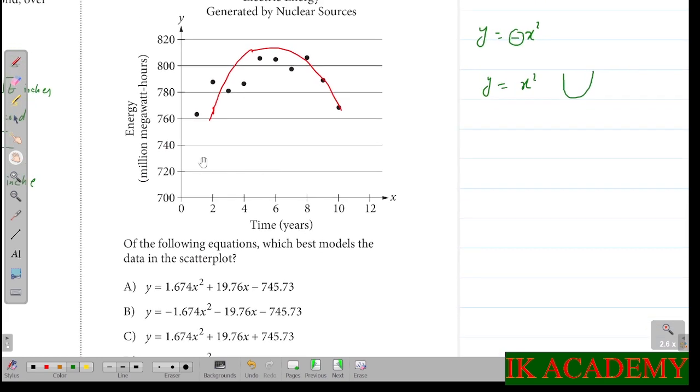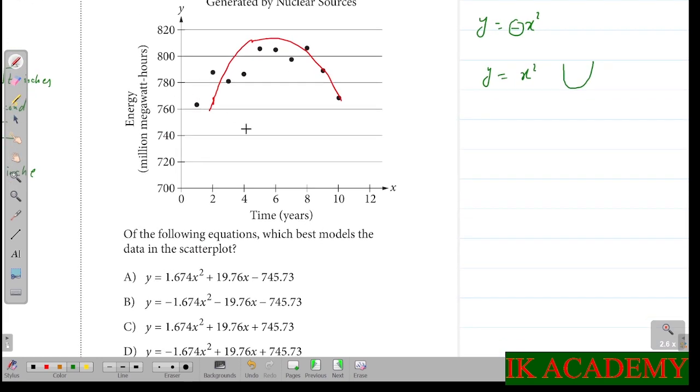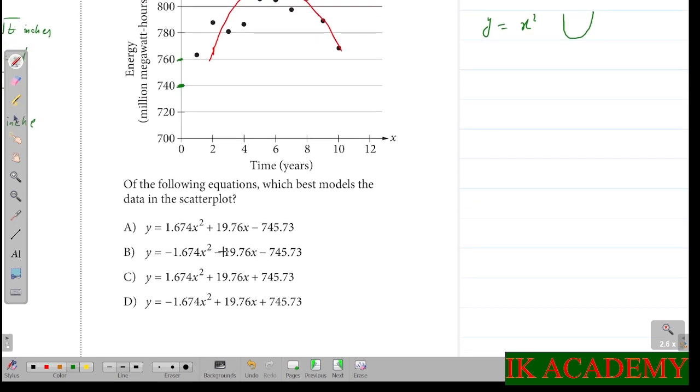So next thing we want to know, based on the given information, the y-intercept of the function should be in between 760 and 740 if x is equal to 0. So in between 760 and 740, it will be a positive number, not a negative number.